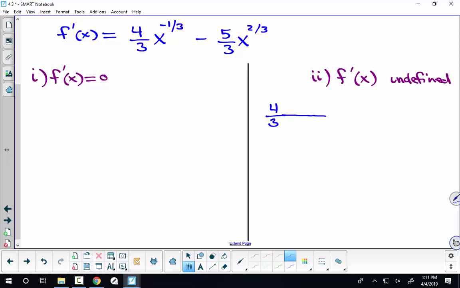That's really 4/3, and then we have x to the negative 1/3, which is really x to the 1/3 down here. So that's 4/3 cube root of x on the bottom, minus 5 cube root of x squared over 3 on top.